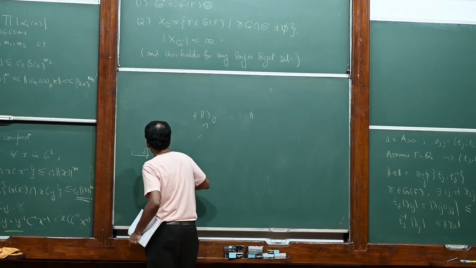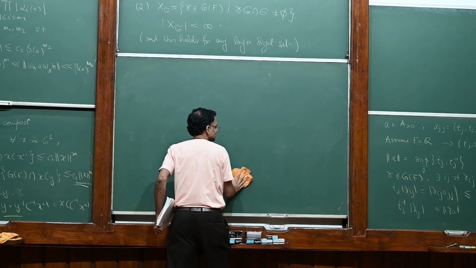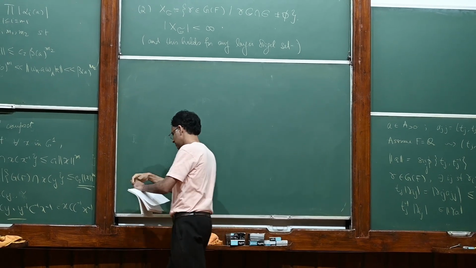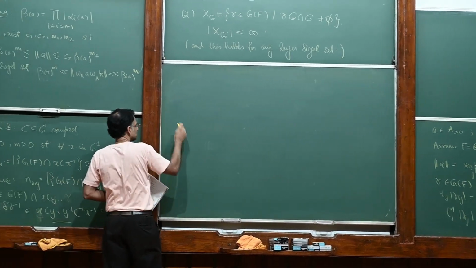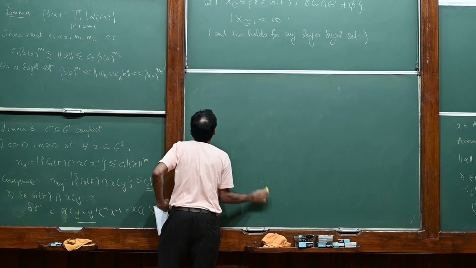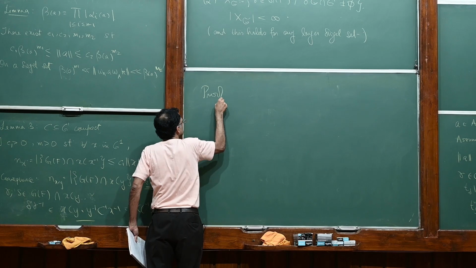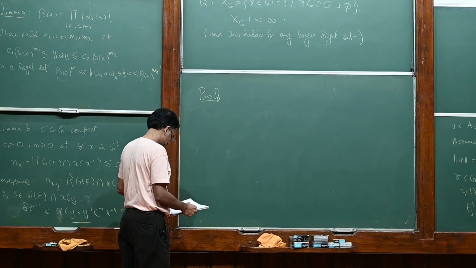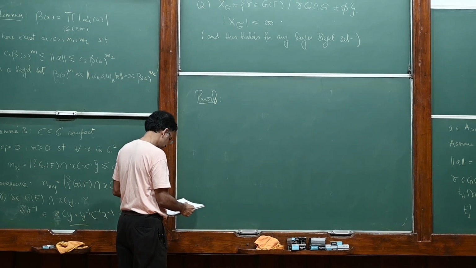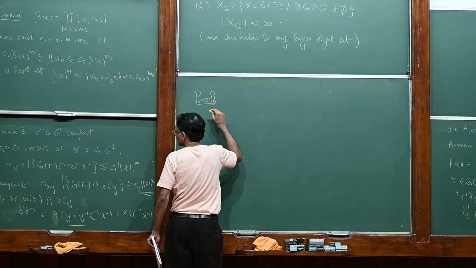okay, maybe I can spend 2 minutes on proving some stuff. Okay, so let's just prove this lemma 3. So suppose I do the following, right? So notice that NX, what I call it, right?